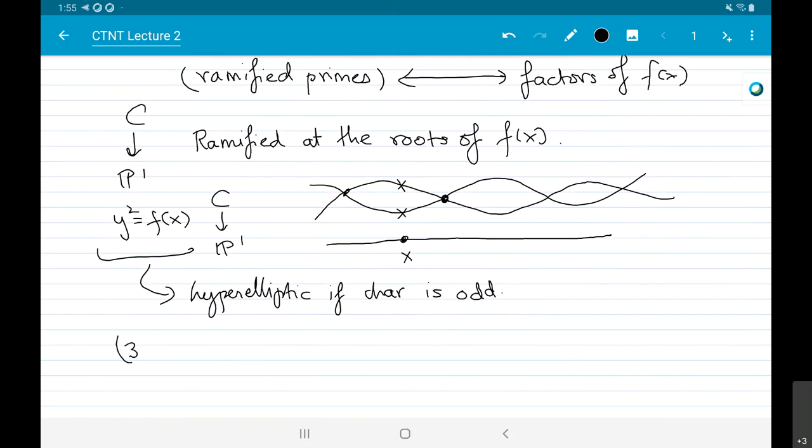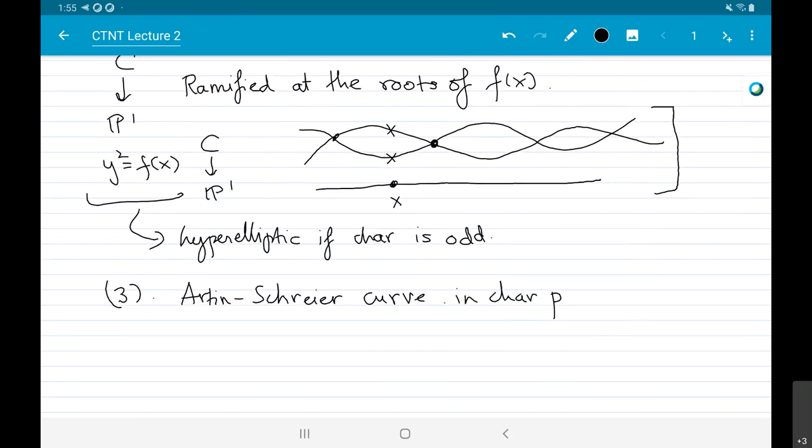Okay, and the third example, which I'm not going to dwell on too much: this extension of function fields is tamely ramified, if you've seen a little bit of algebraic number theory. There are wildly ramified extensions of P1, and these are called Artin-Schreier curves, which in characteristic p are given by y^p - y = f(x), where f(x) is a rational function.